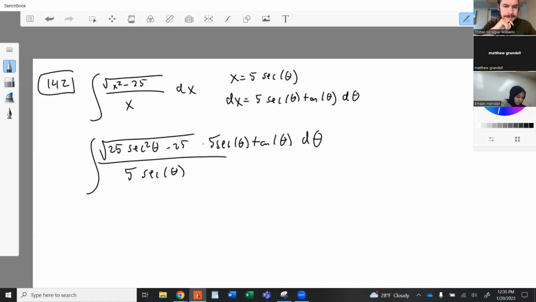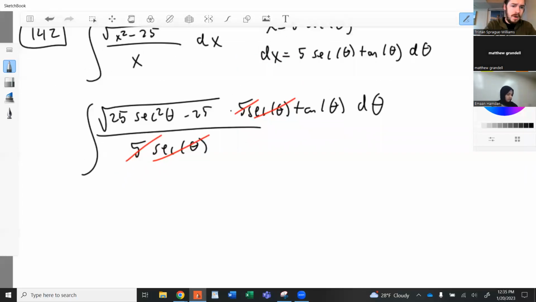Okie doke. Now, a lot of things cancel out here, which is kind of nice. We have 5 secant theta in both the numerator and the denominator, so all of that is gone. Now, inside that square root, we can factor out a 25, take the square root of 25 to get 5, and then we can pull that out of our integral.